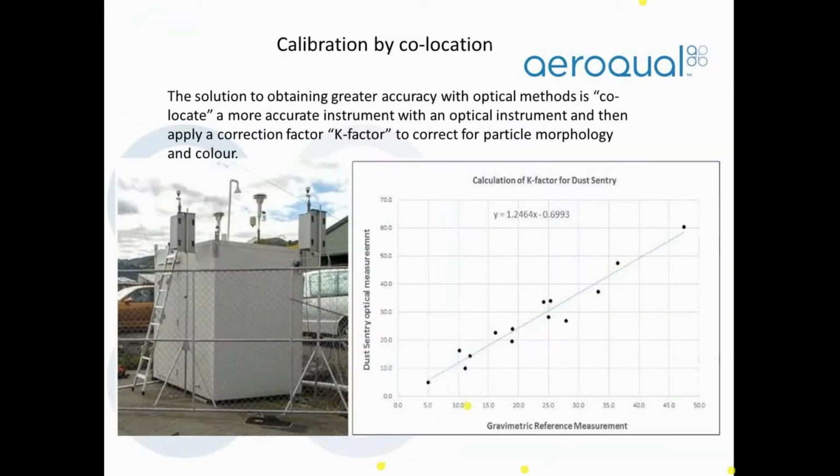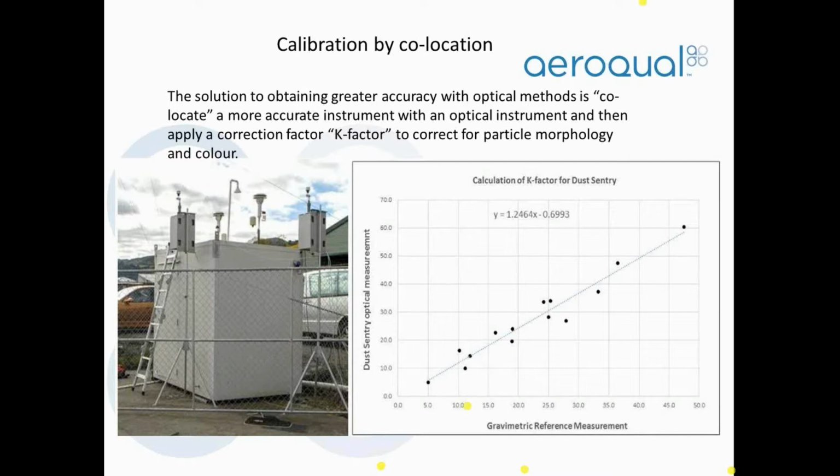So the most common way of doing this is to actually operate the optical method side by side, or what we call collocation, with a more accurate measurement, a more accurate instrument. So either the gravimetric measurement or one of the indicative measurements. Typically, we would do a collocation correction for maybe 1 week or possibly 2 weeks if we can afford the time.